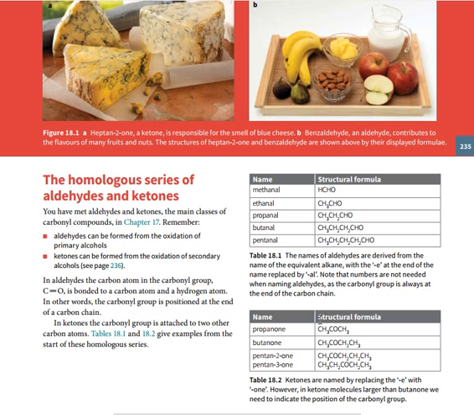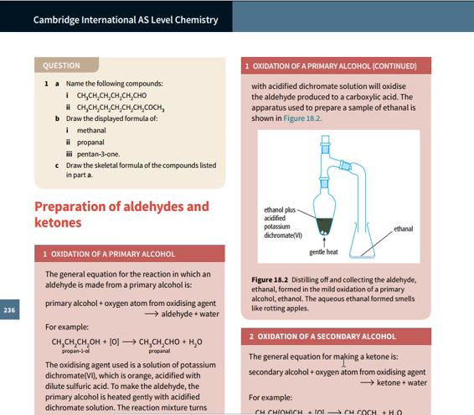That's why ketone starts from carbon three, and three carbons on a ketone is named propanone, then four carbons is butanone, then five carbons is pentan-2-one or pentan-3-one, depending on where the carbonyl functional group is present.